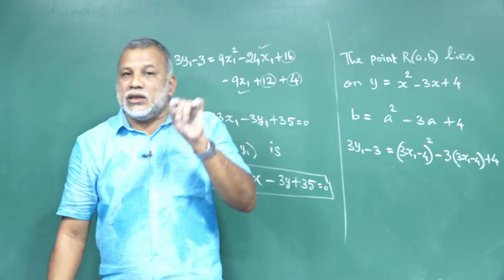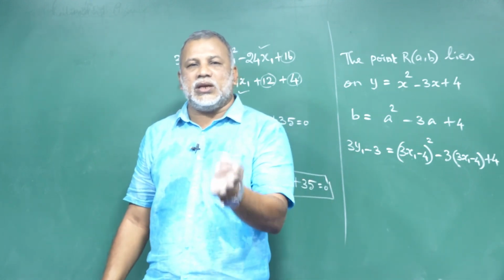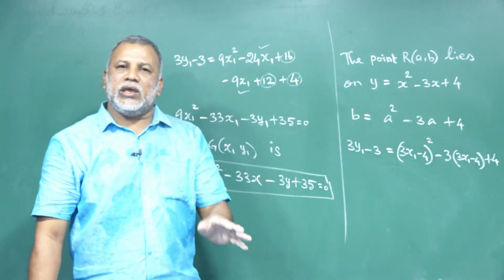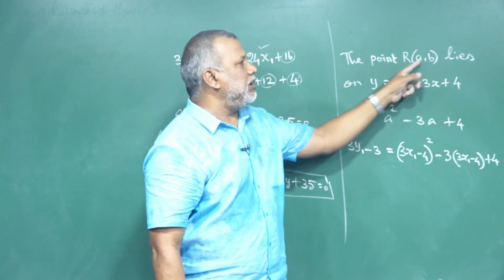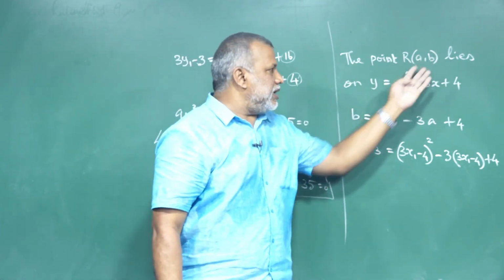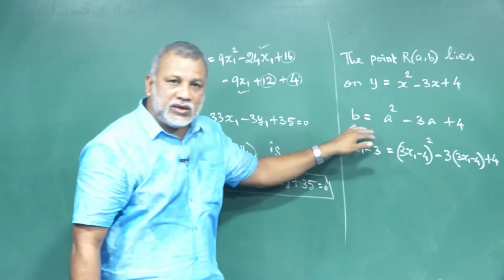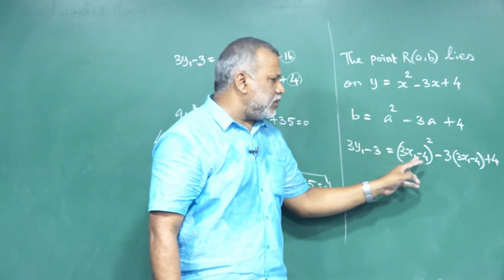After that, the point R A comma B lies on the equation y equal to, that is already given in your question itself, y equal to x squared minus 3x plus 4. The point R A comma B lies on this equation. Just substitute, instead of x comma y, substitute A comma B. For this equation, we already find out the value of A. A is here 3x1 minus 4.